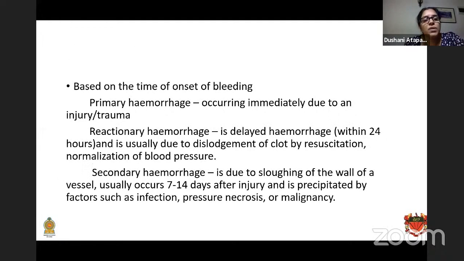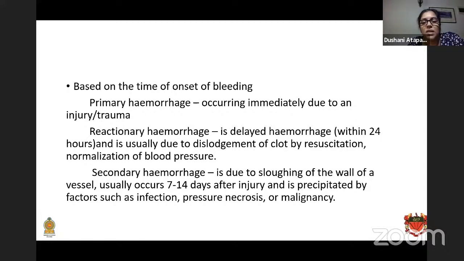If it is based on the time of onset of bleeding, it could be primary hemorrhage, which occurs immediately due to injury or trauma. Reactionary hemorrhage is a delayed hemorrhage, which occurs within a few hours and is usually due to dislodgement of the clot by your resuscitation maneuvers and the normalization of blood pressure.